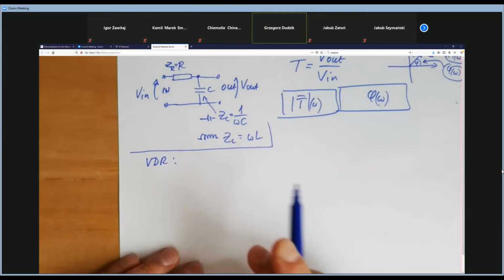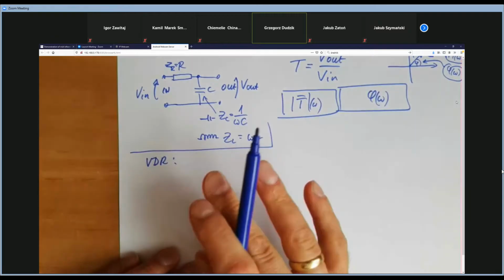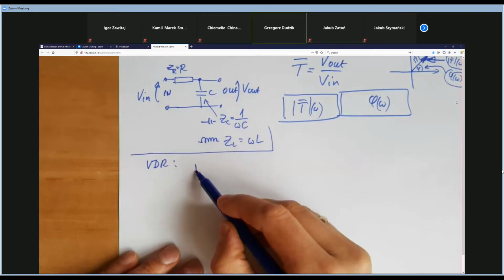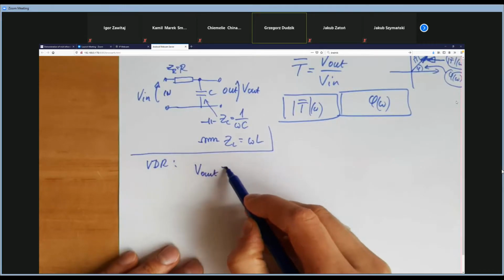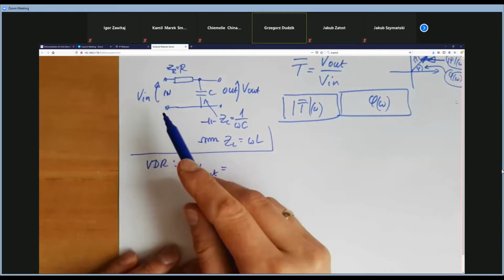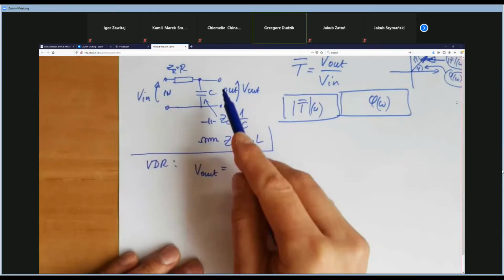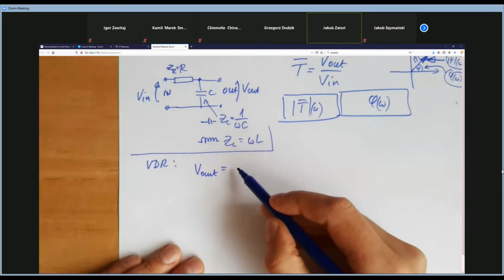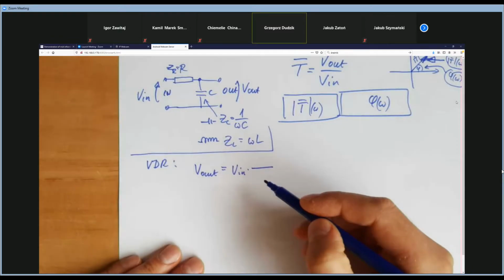So please tell me, in general, what is the V out value if you use the voltage divider expression for this example? It is V in times C over the sum of impedances.